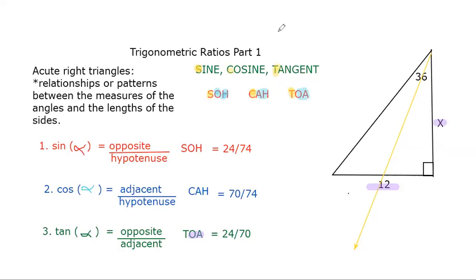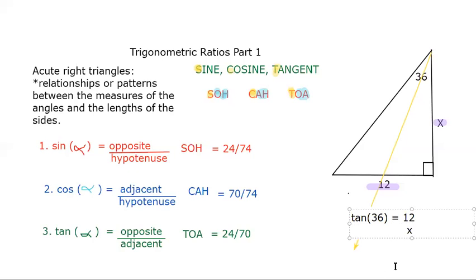Therefore, we're going to use number 3 because we have opposite and adjacent that we're dealing with in this particular problem. So we're going to have the tangent of 36, because that's the measure of alpha, equals opposite over adjacent, 12 over x.